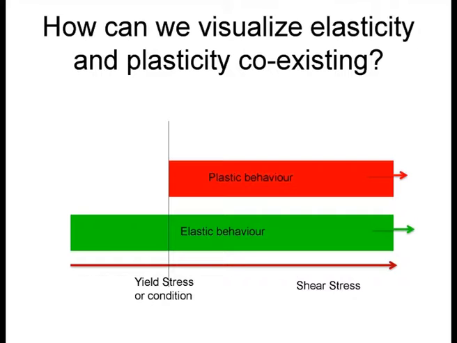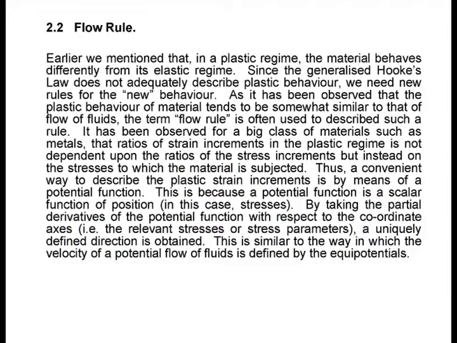So they will coexist. So the yield condition is just a condition saying that plasticity will start from here. It is not a condition that says elasticity will vanish. Is that okay?